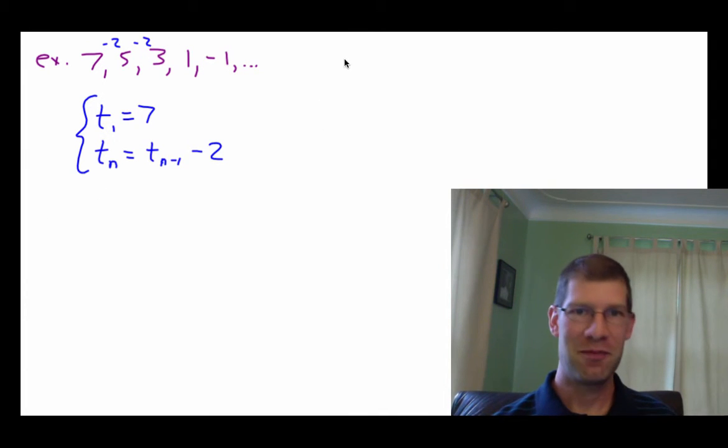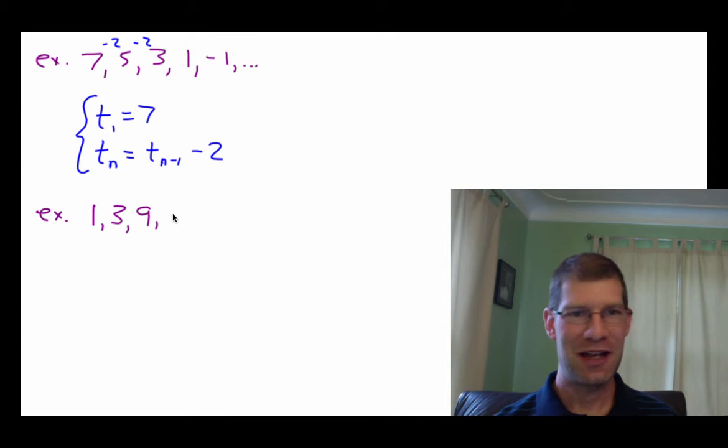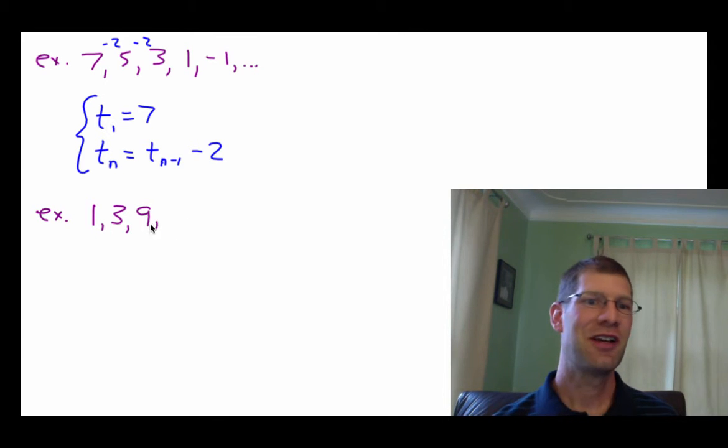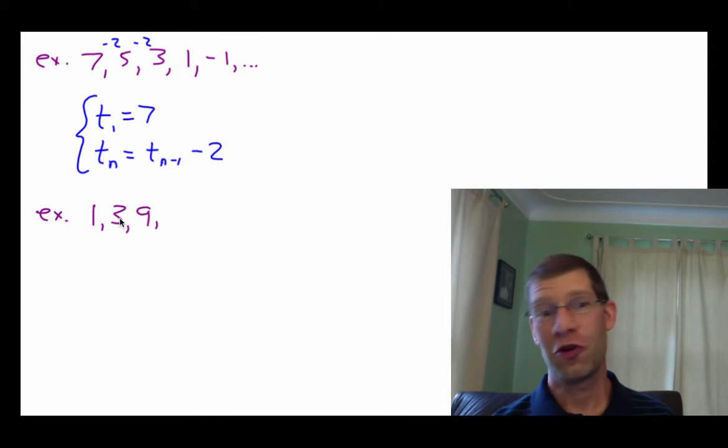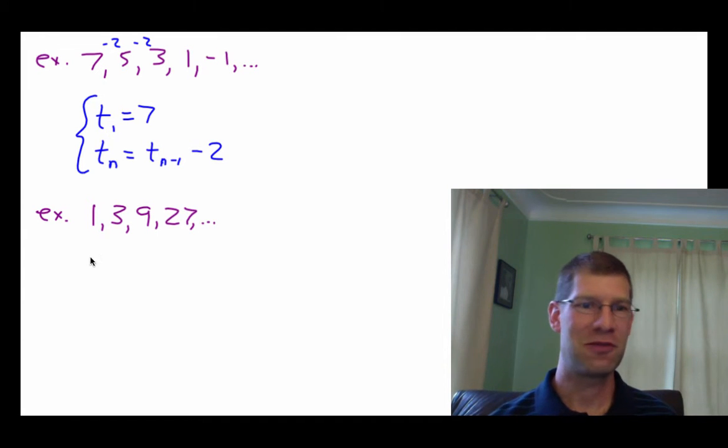A different example, if I do 1, 3, 9, so it can't be adding 2 each time. So if you look at that, how are they getting the different numbers? Well, to get from 1 to 3, you could add 2 or multiply by 3. Multiplying by 3 works to get to the 9, so the next number would have to be 27, which is 9 times 3.